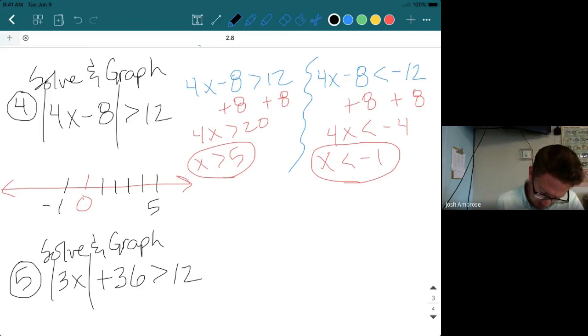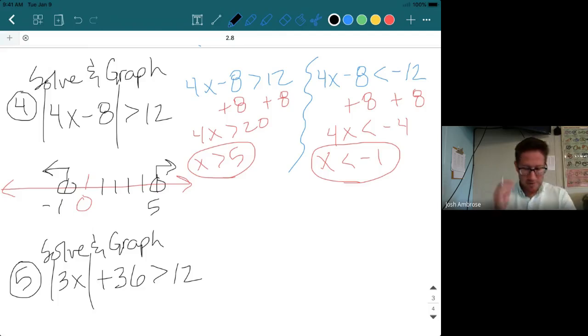We have x right there is greater than, and then with the negative 1, we have x is less than. You'll notice these guys are going in opposite directions. Now, when they're going in opposite directions of one another, then you will be representing an or.